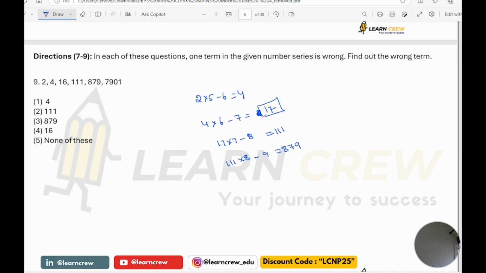So here the wrong number is 16. Here we should have 17. Okay. Next.